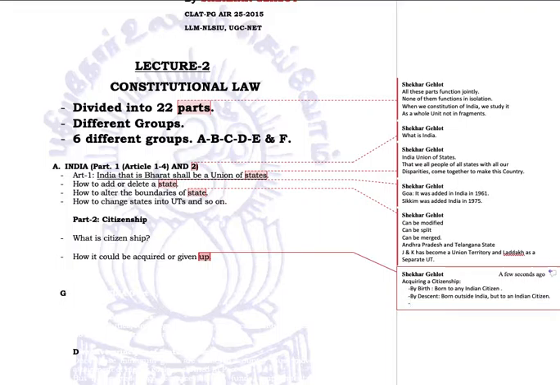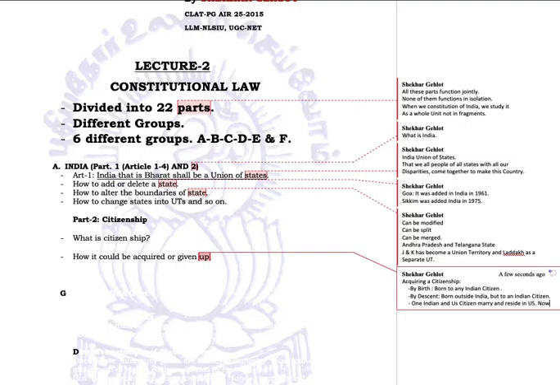Now suppose two people are working outside India, like one Indian and one US citizen marry and reside in the US.